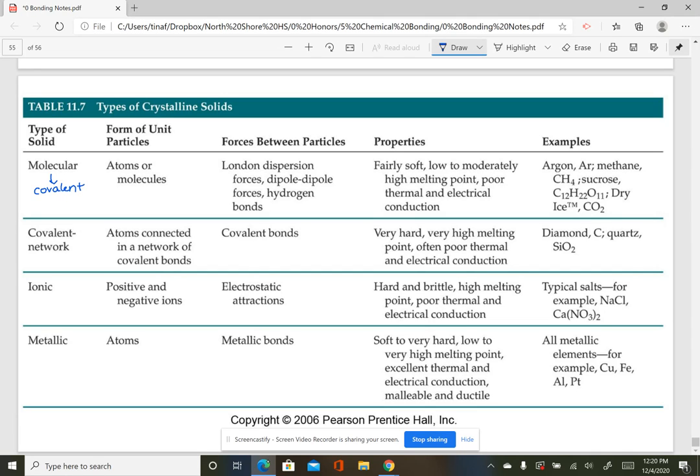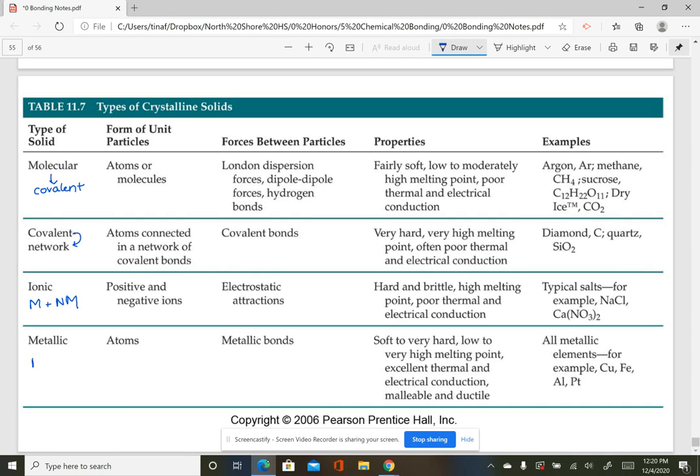Because also with covalent bonding, you could have a network solid. So saying covalent really isn't even being specific enough. Is it a covalent substance made up of molecules, or is it a covalent substance that's one big giant network? Okay. We have our ionic, which is metal plus nonmetal.